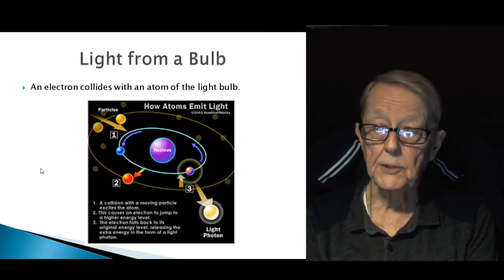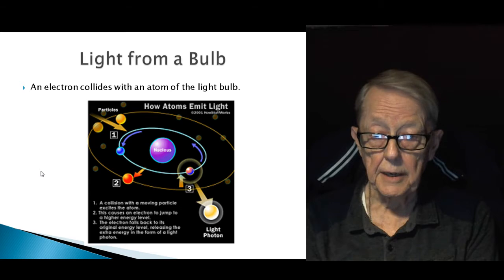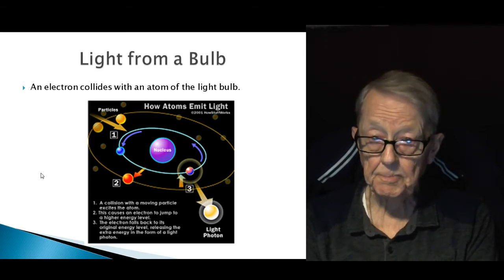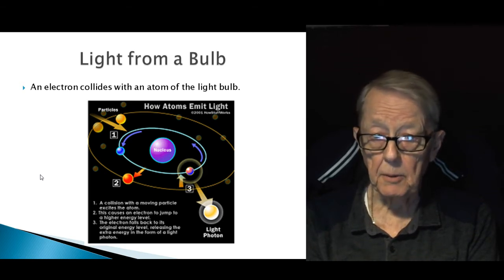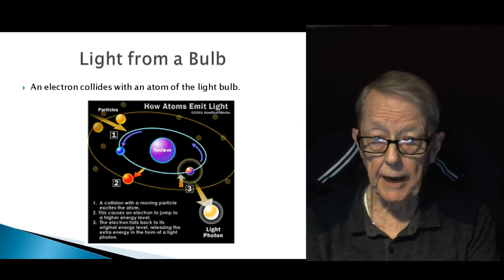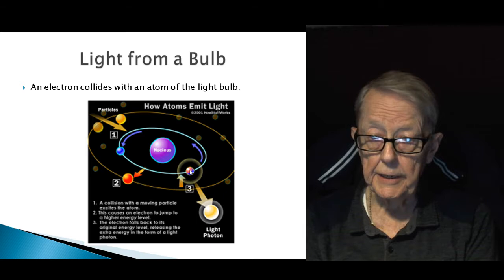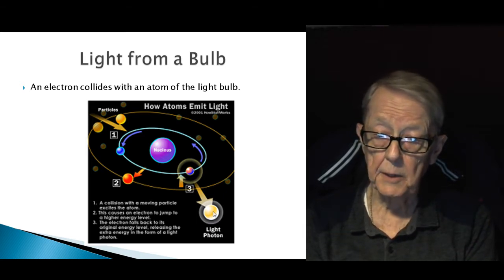Well, it wasn't long ago I had a video about the candle and the light bulb, and this is a slide from that one, and it was explaining how atoms emit light for a light bulb. As a particle activates this, an electron jumps, falls down and releases energy, and the energy is in the form of a photon, not an electromagnetic wave.